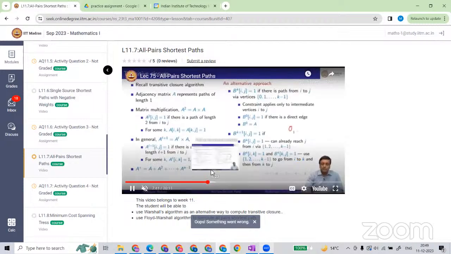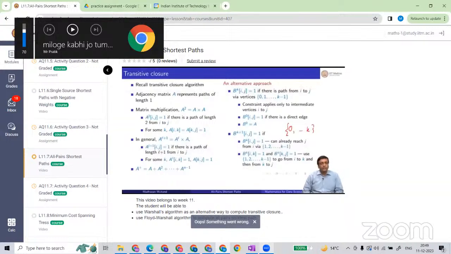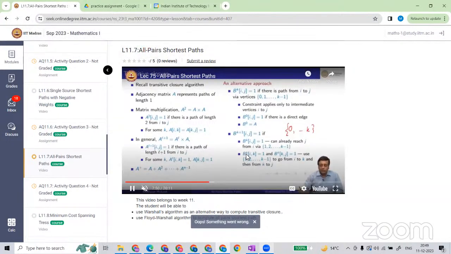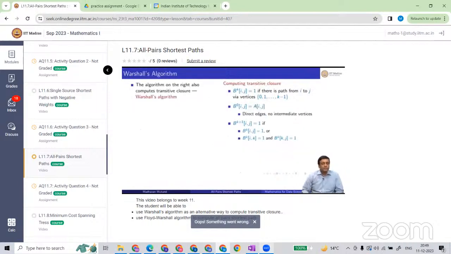Sir, but what is the weightage for the exam? Sorry, weightage. As a weightage, you can think weeks 9, 10, and 11 will take 25%, maybe even more than that, 28% I will say, and then the rest will be weeks 1 to 8.